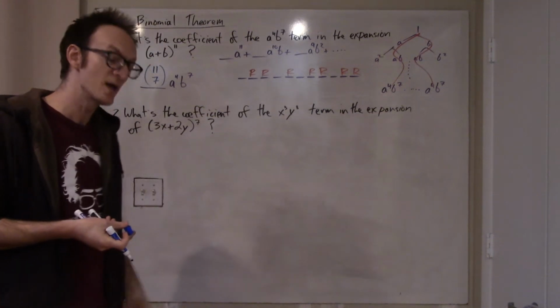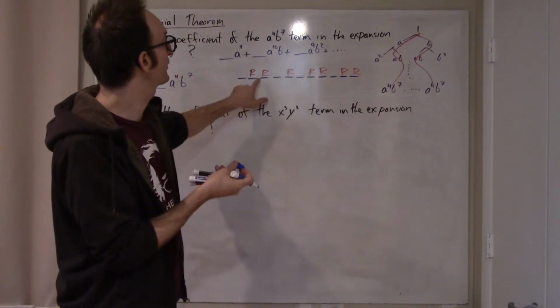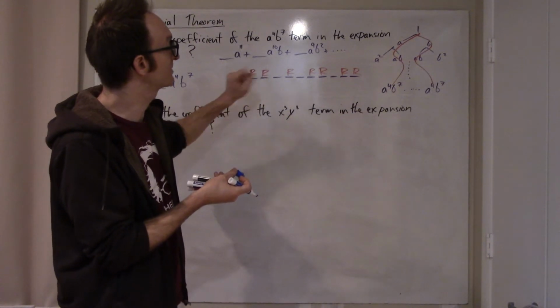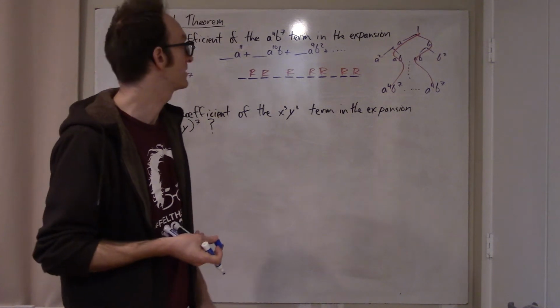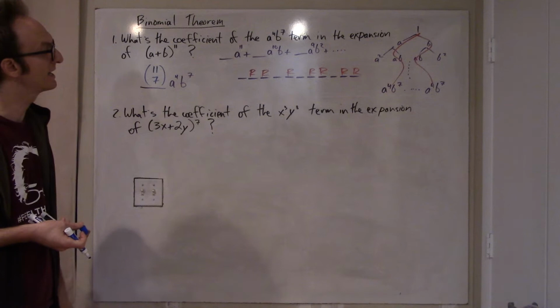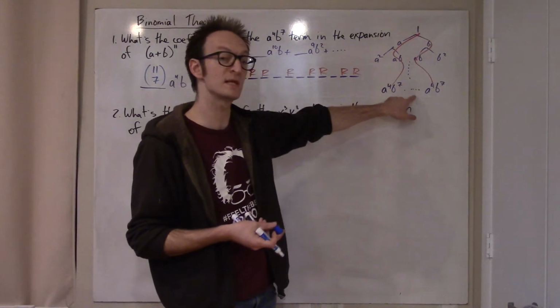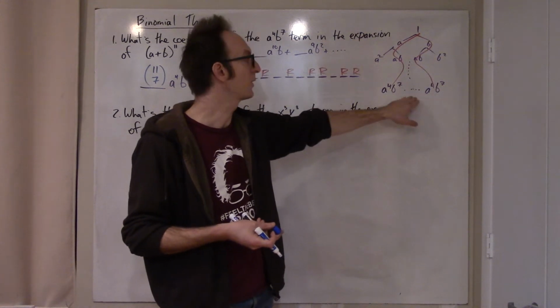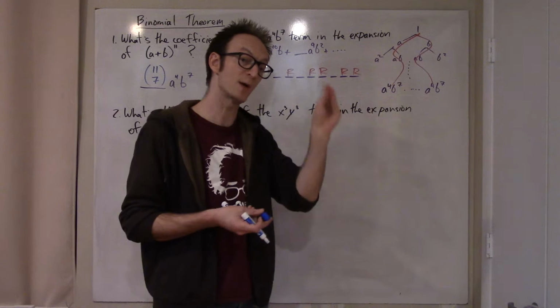Which is to say, you had 11 choices about whether to multiply by a or b, and if you chose to multiply by b in 7 out of those 11 choices, then you end up with a to the fourth, b to the 7th. And since we're keeping the entire tree in our minds, we are sort of caring about the order, so to speak, in which you multiply by a and b.